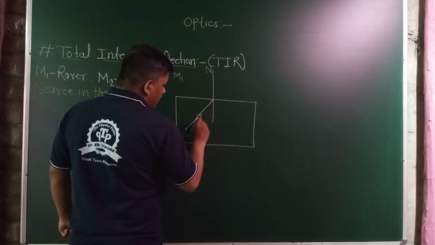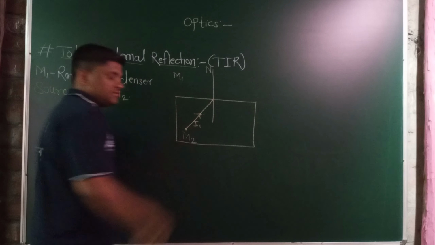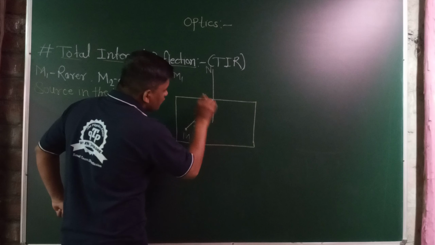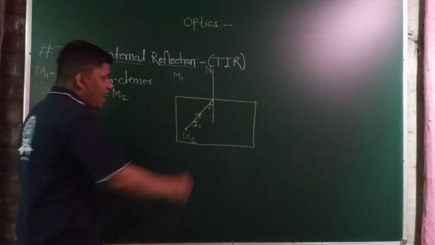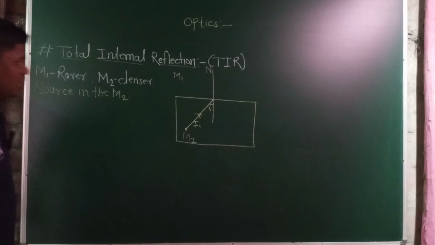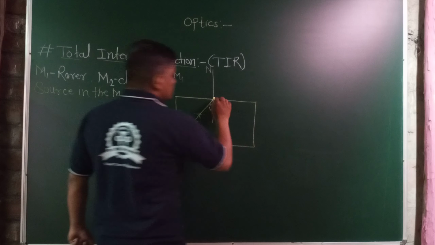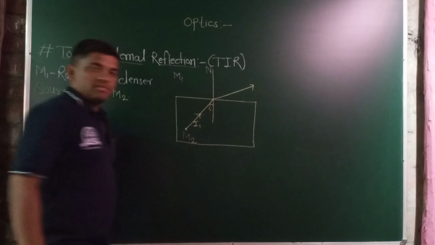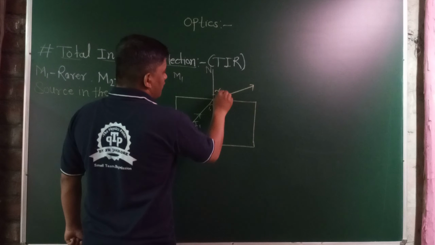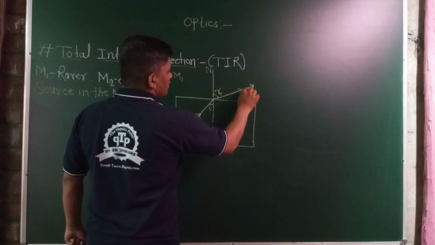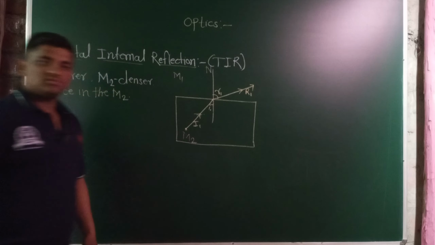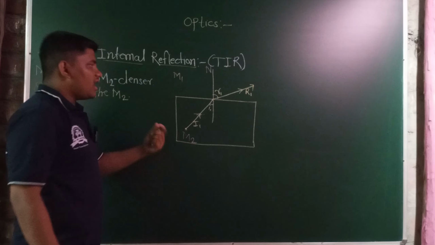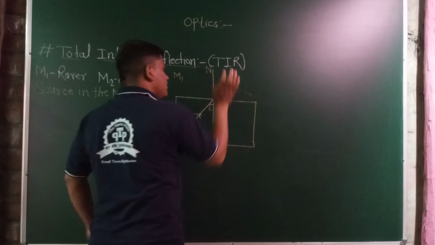This is the incident ray, known as I1, and the angle it makes with the normal is known as the angle of incidence, small i1. Then the refracted ray is R1, with the angle of refraction r1. When the first incident ray travels from the denser medium to the rarer medium, the light bends away from the normal. This is more away.